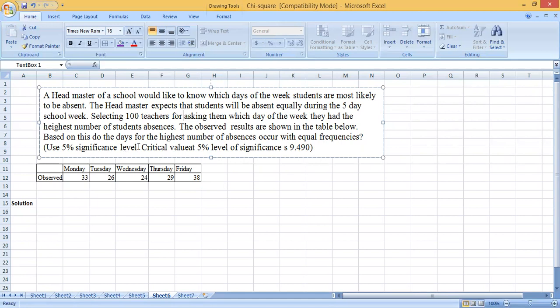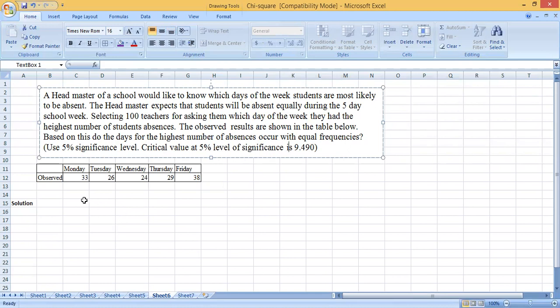Use 5% significance level, and the critical value at 5% level of significance is 9.490. Okay, 9.490. So this is the problem.